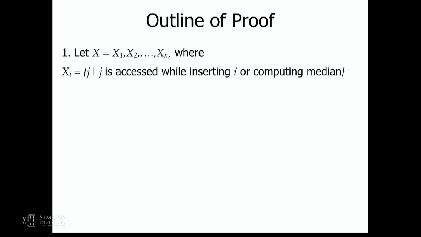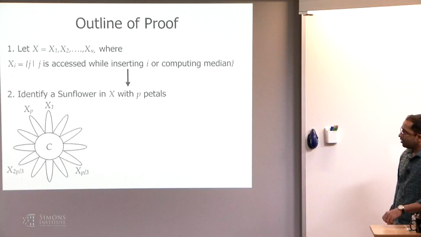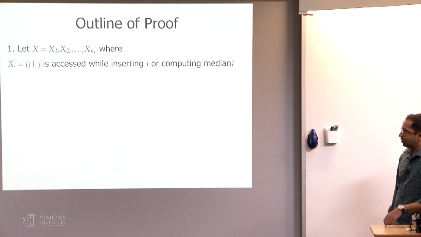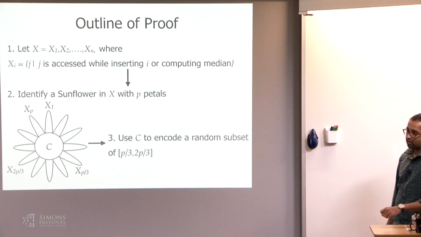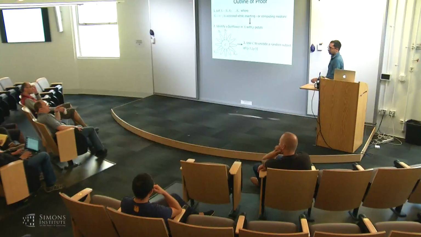Then we'll use these n sets to find a sunflower with roughly p petals, where p would be roughly n to the 1 over t, where t is the time for these computations. Then what we'll claim is you just look at the contents of the core to encode a large random subset. So that will be the outline of how the argument is going to proceed. And the idea is that this subset is too large to be encoded so efficiently? Yes, exactly.